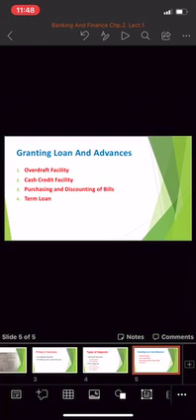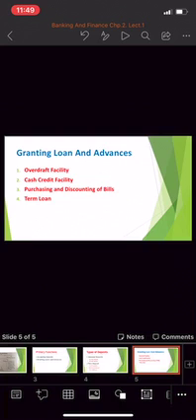When a customer needs temporary financial accommodation, he may be allowed to overdraw his current account. In this method, the depositor is allowed to withdraw an amount of money over and above the deposits with the bank, with the prior agreement with the bank.